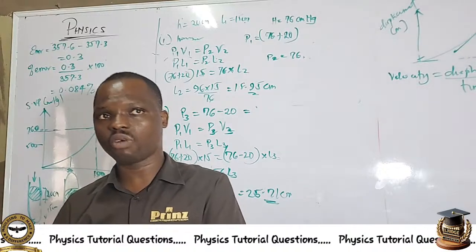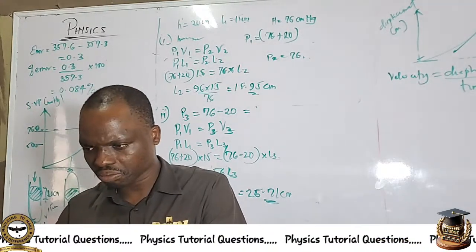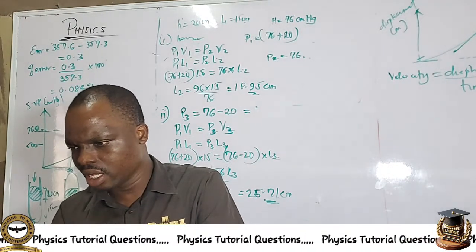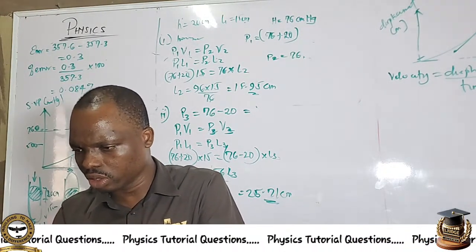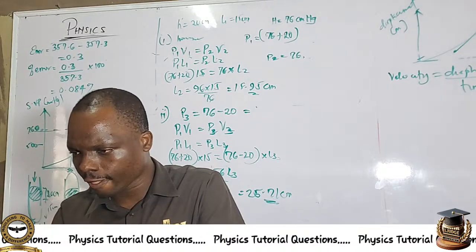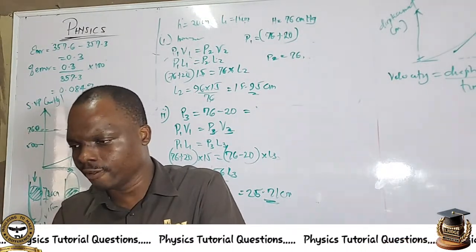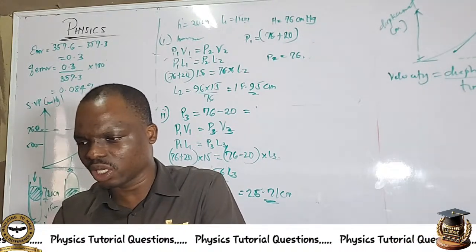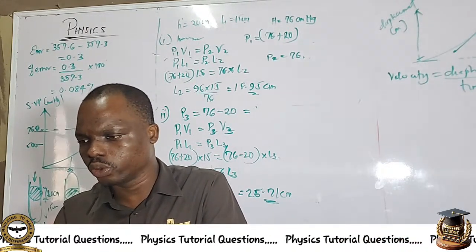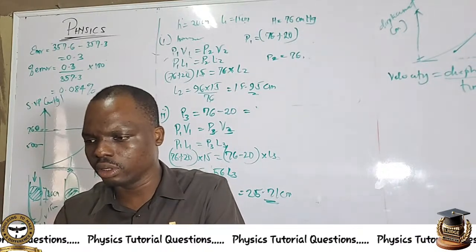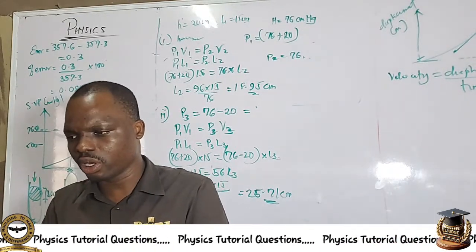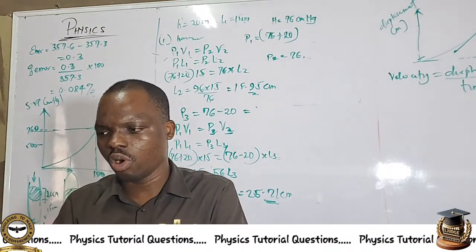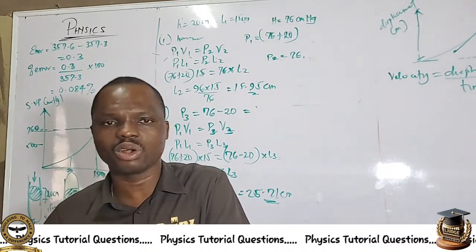And we see it in some of our drinks. Then the question says, explain why dew forms more quickly on the metal part than on the rubber part of a bicycle placed in the open overnight. Now, this is very simple. Metal is a better conductor of heat than rubber.